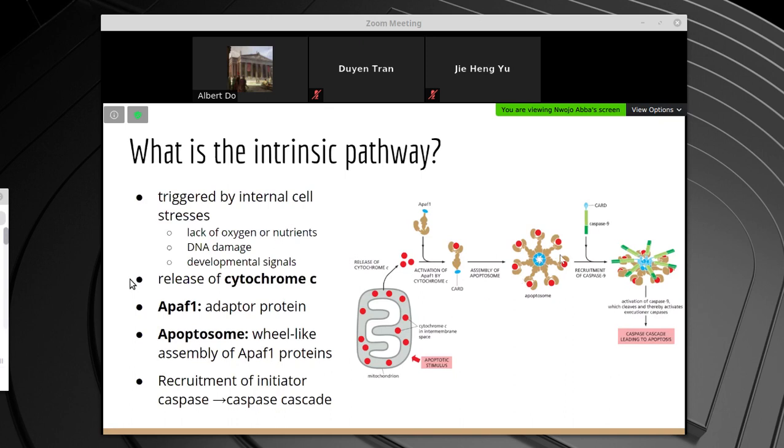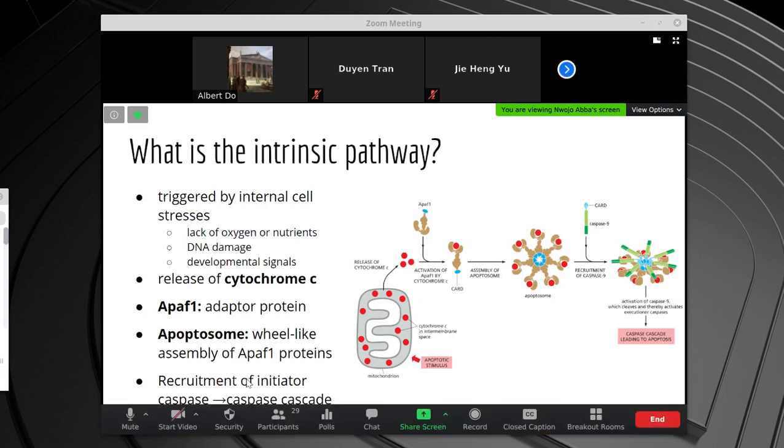And so you have initiator caspases in the surrounding cytosol, and they will all be recruited onto the apoptosome and essentially activate it and induce the caspase cascade that I mentioned on the previous slide. And so it's very similar, pretty much rinse and repeat. That's just how you receive that apoptotic signal to begin apoptosis.